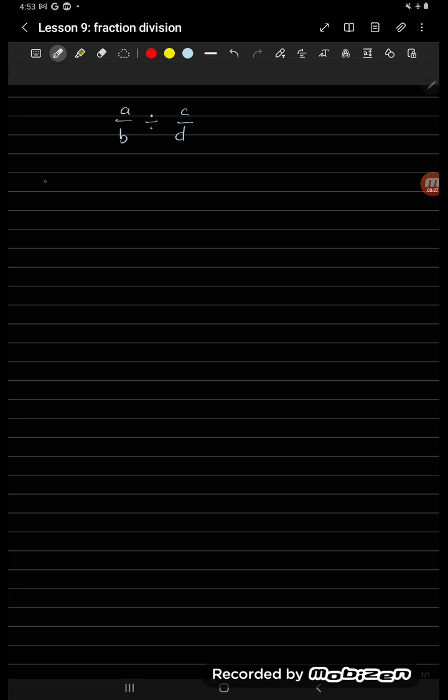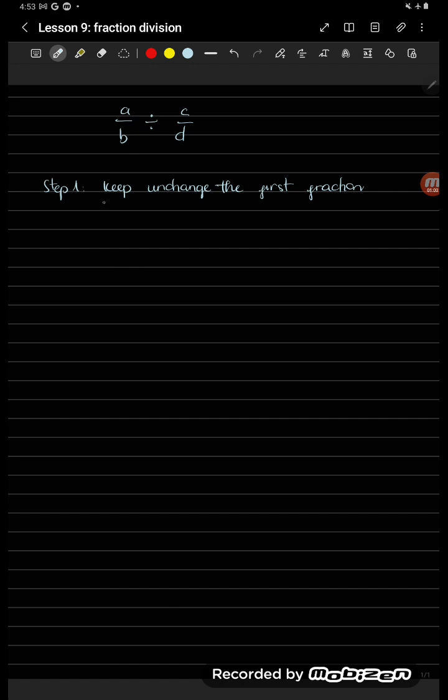So step one, we keep unchanged the first fraction, okay?